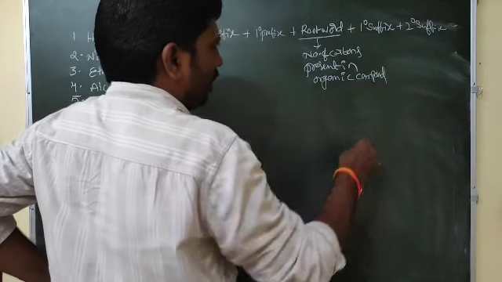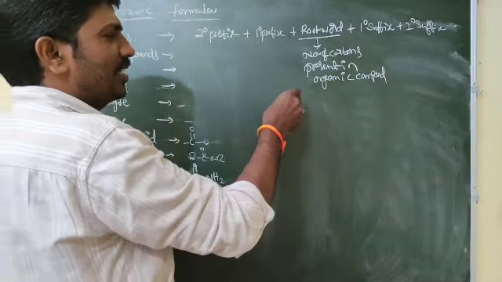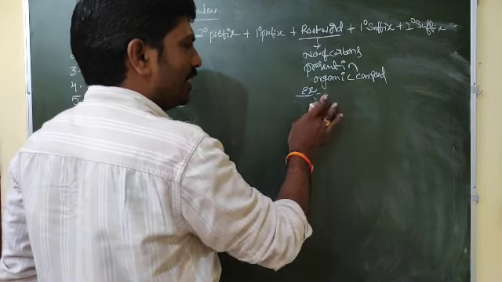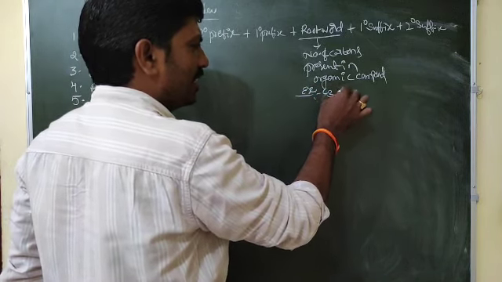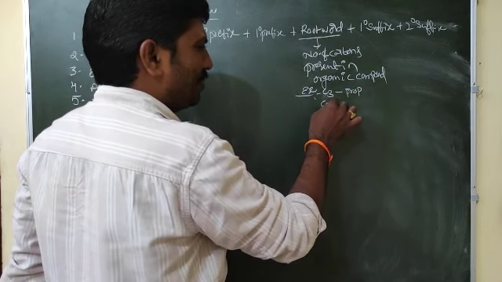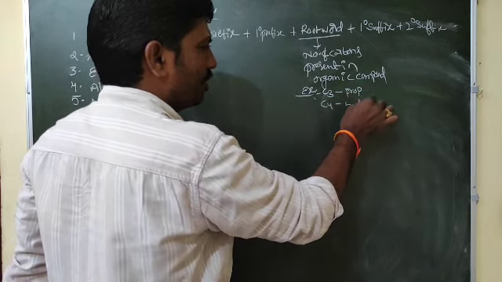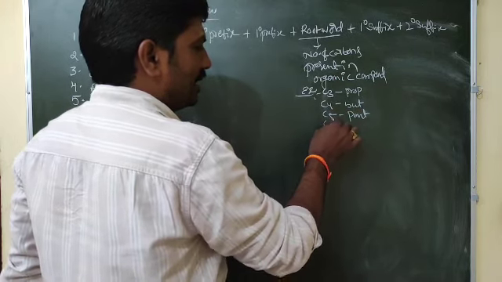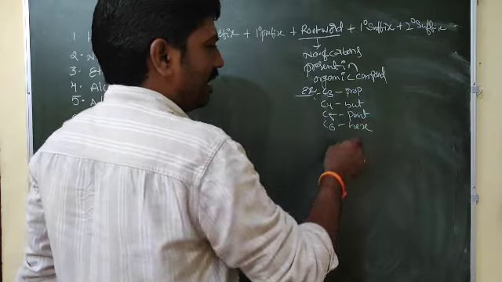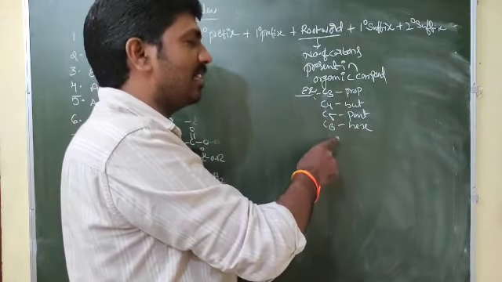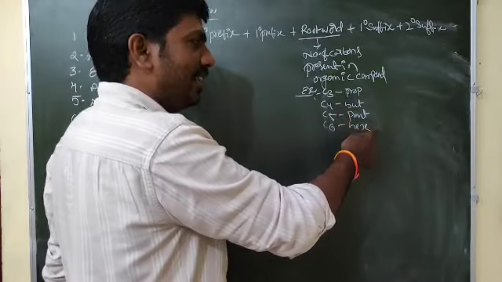For example, 3 carbons is C3, that is prop; C4 is but, C5 is pent, C6 is hex. A double bond gives hexene, triple bond hexyne, single bond hexane. That's why I didn't write all of them.